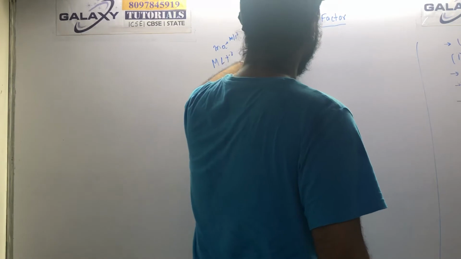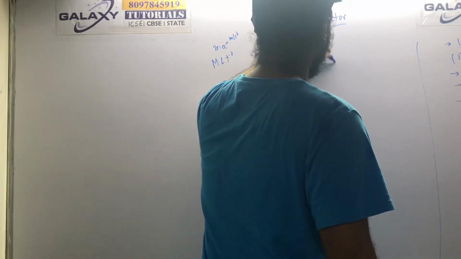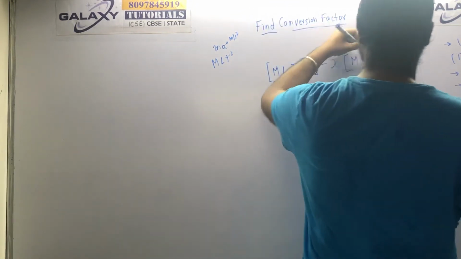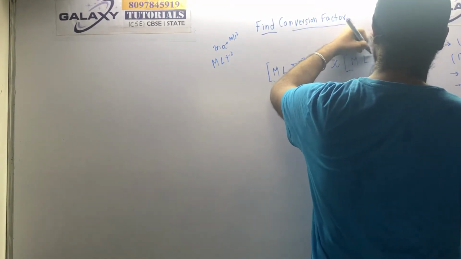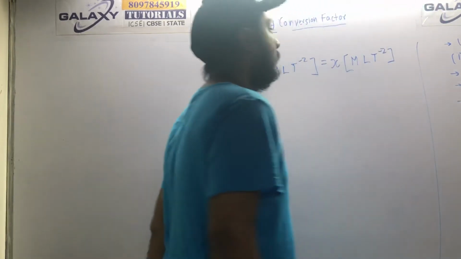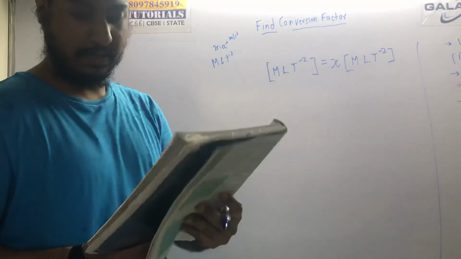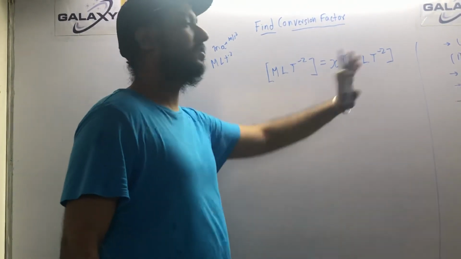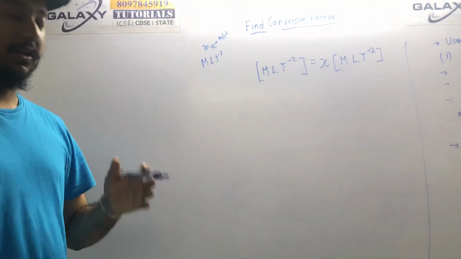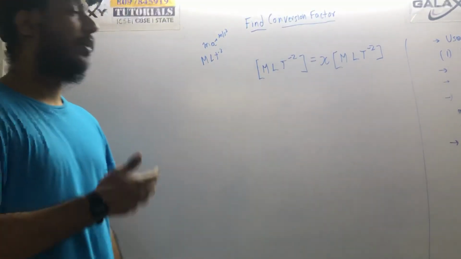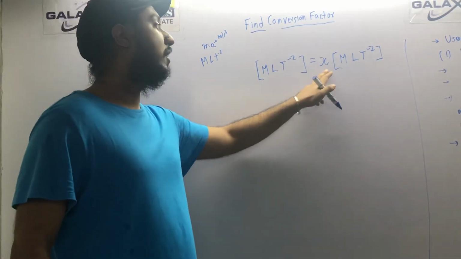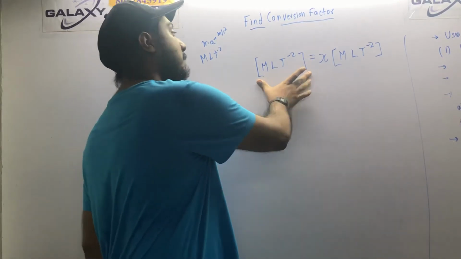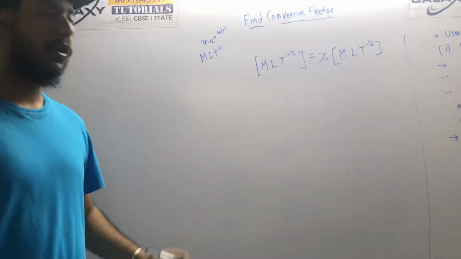M L T to the power minus 2 is equal to x times M L T to the power minus 2. This one is in the metric unit, and this one is in centimeter. What I am going to do is find the conversion value with which you have to multiply to convert the metric unit into centimeter.